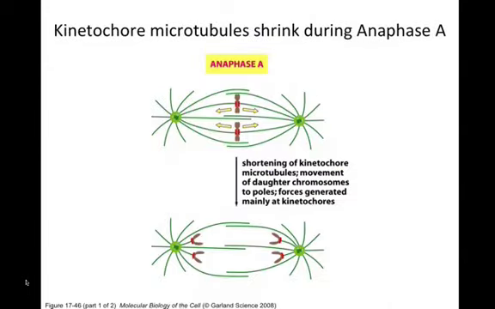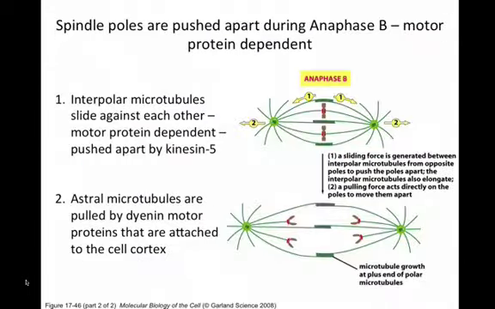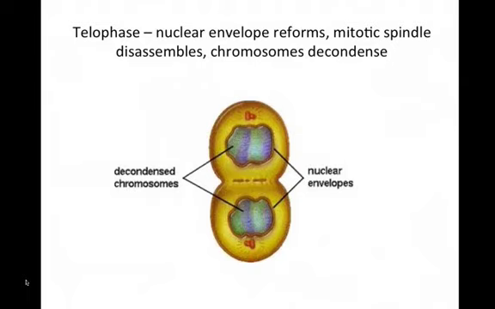The next part, which is where I'm ending, is telophase, where you've got all your chromosomes on either side, your nuclear envelope starts to reassemble, your mitotic spindle disassembles, you go back to your interphase microtubule network, and your chromosomes start to decondense.